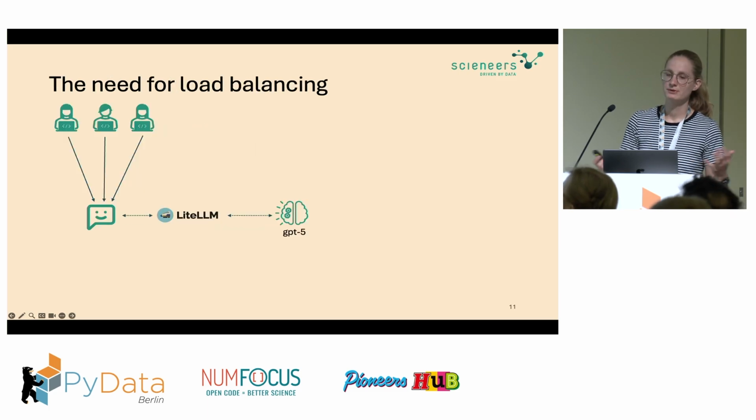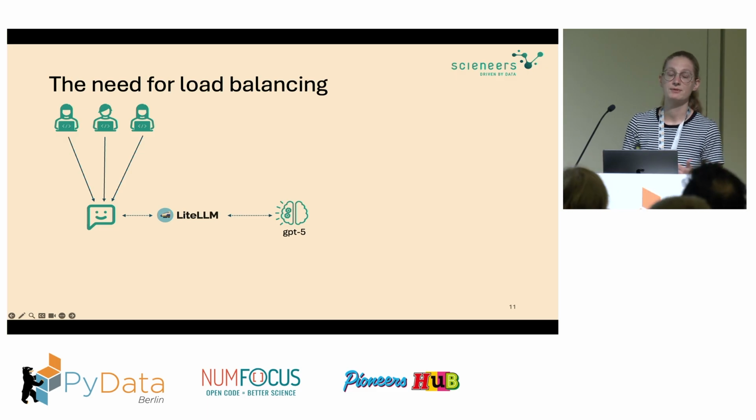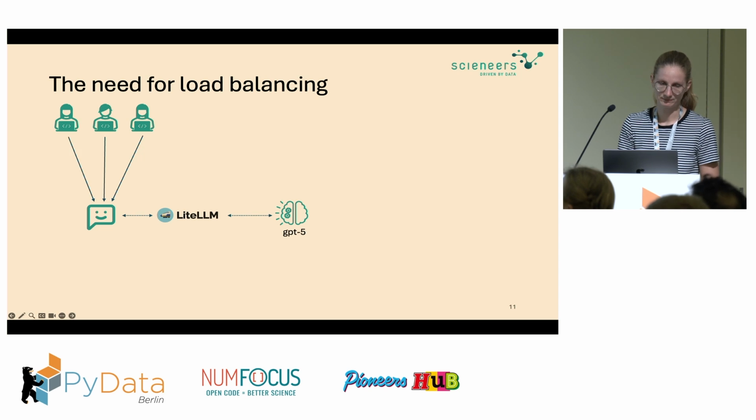So we do have a cost control in place, but we cannot avoid too many users trying to use our system at the same time. So let's imagine we have different users accessing our chat application at the same time. And what we do in the background is we use LiteLLM to, for example, route our requests to a GPT-5 model.